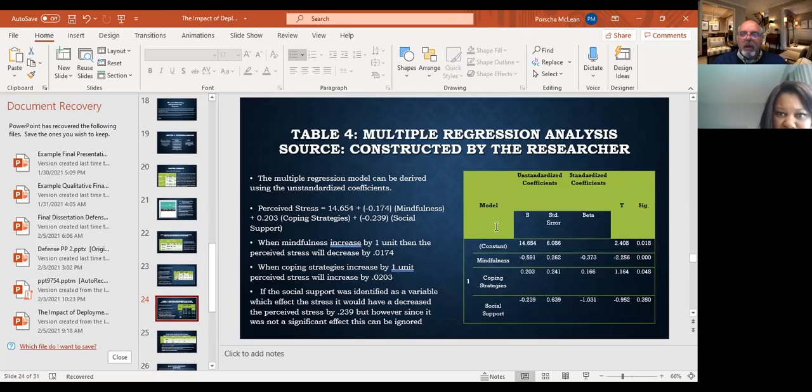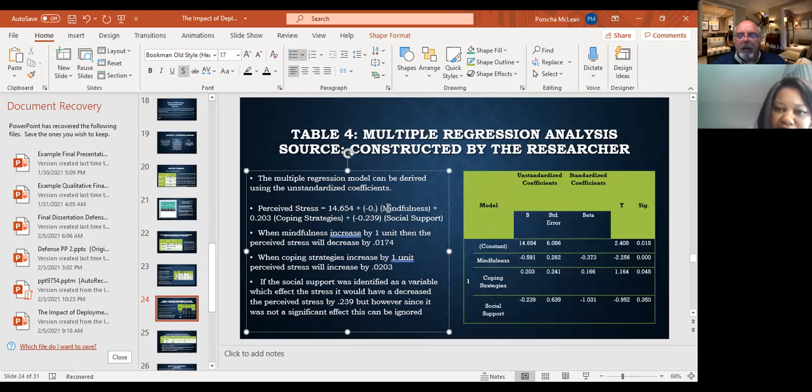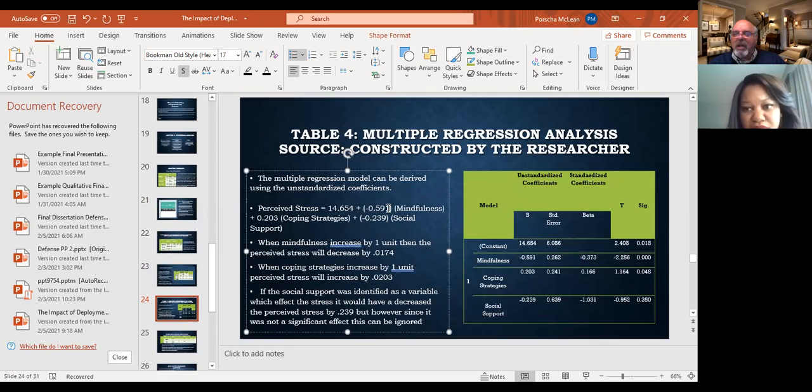Okay, so alrighty. Change that negative 0.174 to negative 0.591. Oh, you know what? This is from the correlation. This is Pearson's correlation. No, we're not going to write up the correlation here. This is the actual prediction equation from regression models.